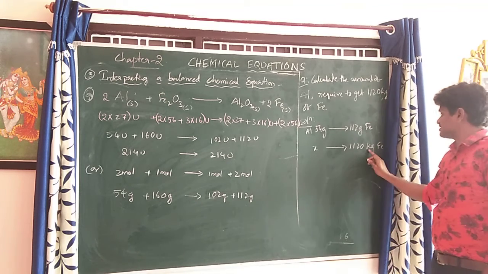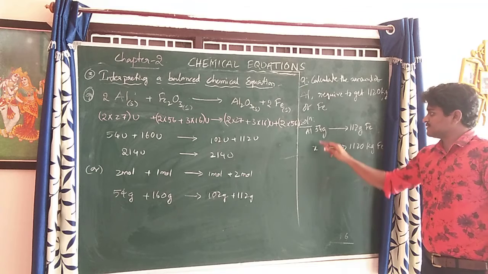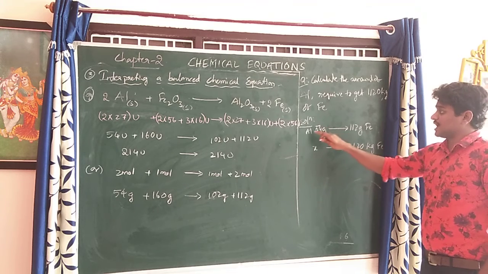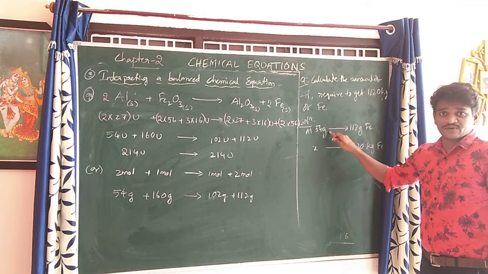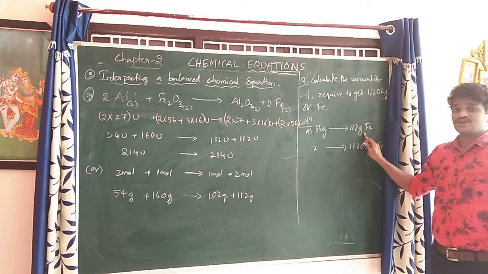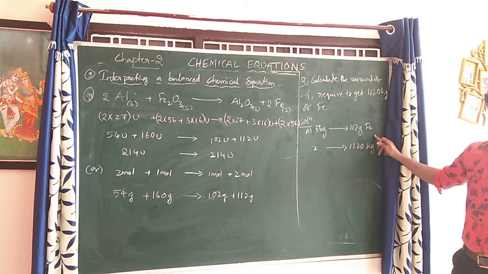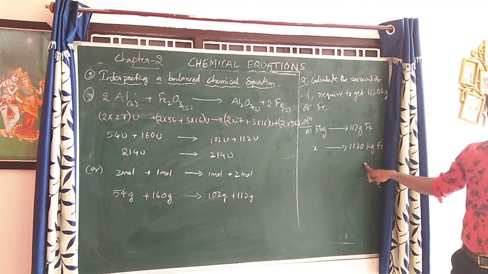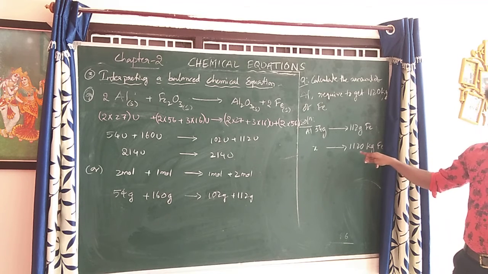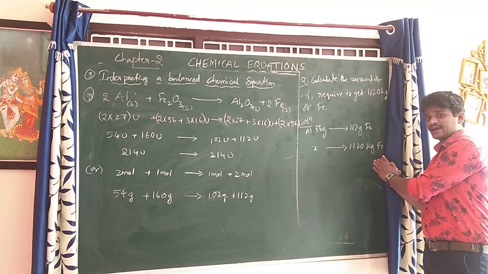Kilograms should be converted into grams. We know that 54 grams of aluminium is required to extract 112 grams of iron. Here they are asking for 1120 kilograms of iron.